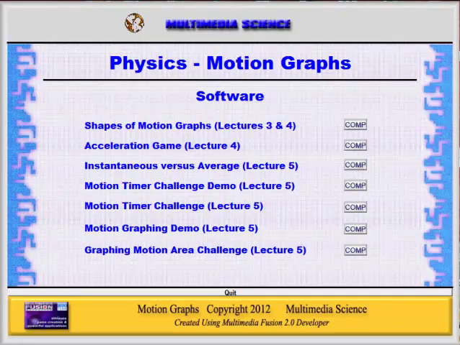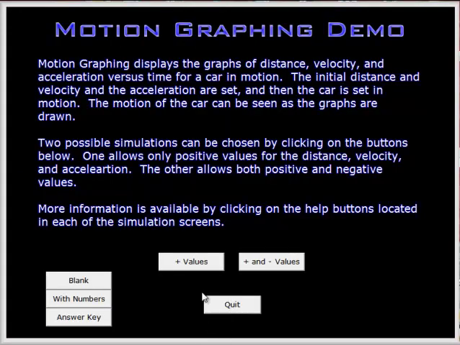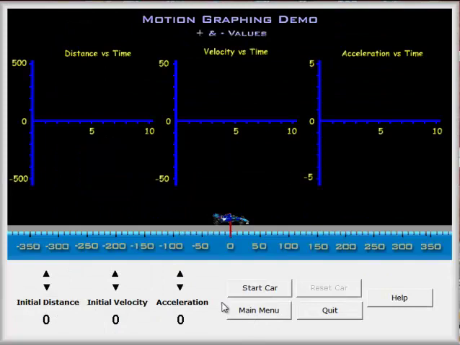There's a Motion Graphing demo. In this case, you can set the initial distance, the initial velocity, and the acceleration, and then you can start your car.